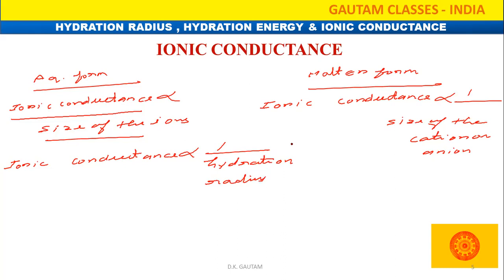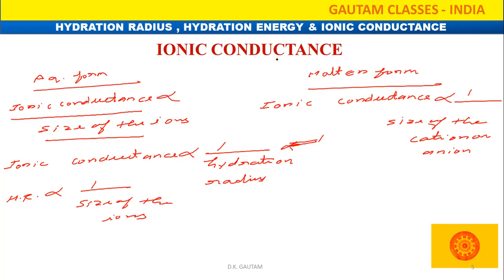And hydration radius is inversely proportional to the size of ions. If the size of ions is lower, the hydration radius will be higher. So hydration radius is directly proportional to 1 upon the size of the ions. We have to keep all this in mind.